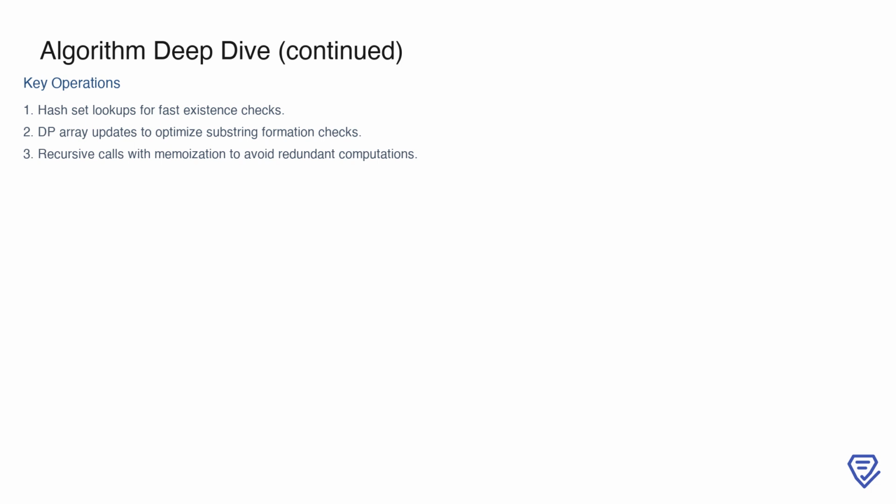The dynamic programming array is updated iteratively to track whether substrings can be formed, ensuring that we reuse previous results wherever possible. Finally, memoization minimizes redundant computations and recursive calls, making the algorithm scalable and efficient for larger inputs. These operations work seamlessly together to solve the problem effectively.